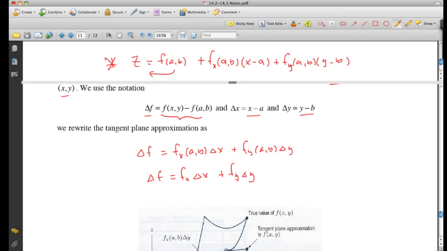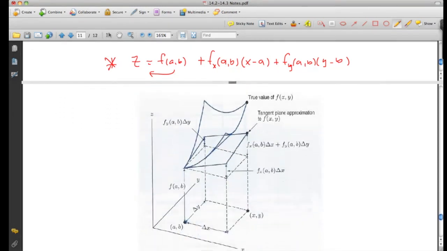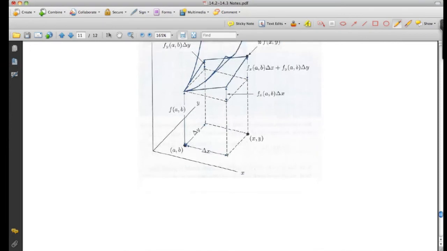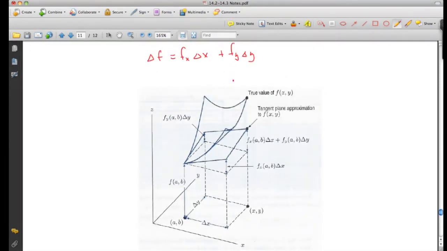Okay, so the next thing is a diagram that is in your book, and this just illustrates a little bit clearer exactly I think what we're doing. Before we did some approximations, and what we did is we approximated the value of that function at 2.01 and 3.02.